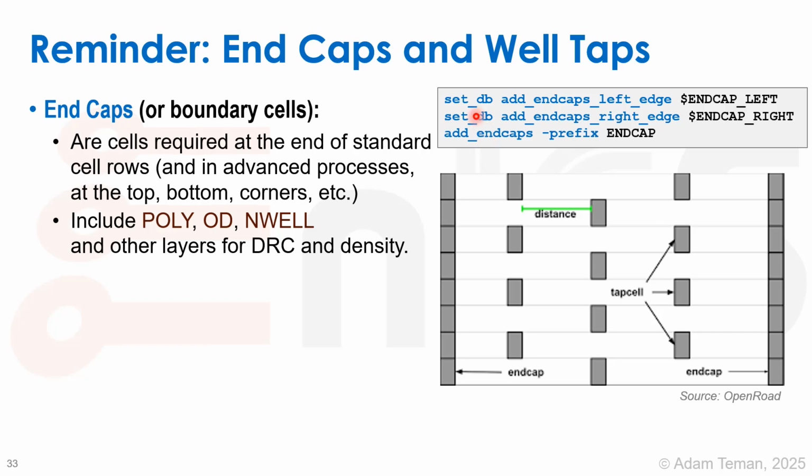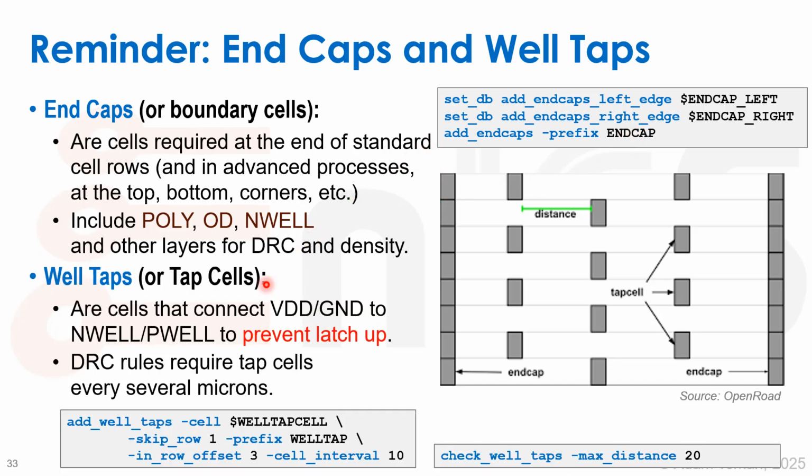So those are called Endcaps, and we have different types of commands, such as setting the cells that we're going to use for add Endcaps left edge, add Endcaps right edge, and we have a whole array of these. And then we're going to run the add Endcaps command, and we can add a prefix, so these instances will be called Endcap 1, Endcap 2, and so forth. Next, we have well taps, which are similar in a way to Endcaps.